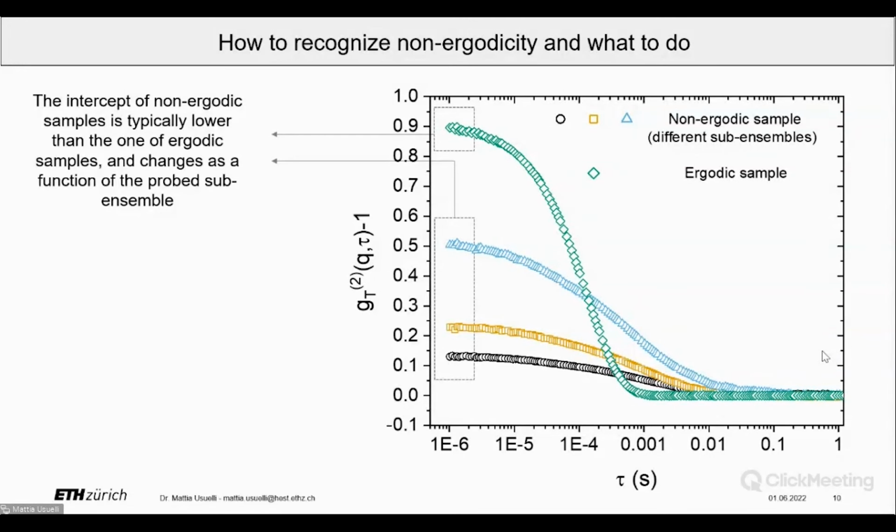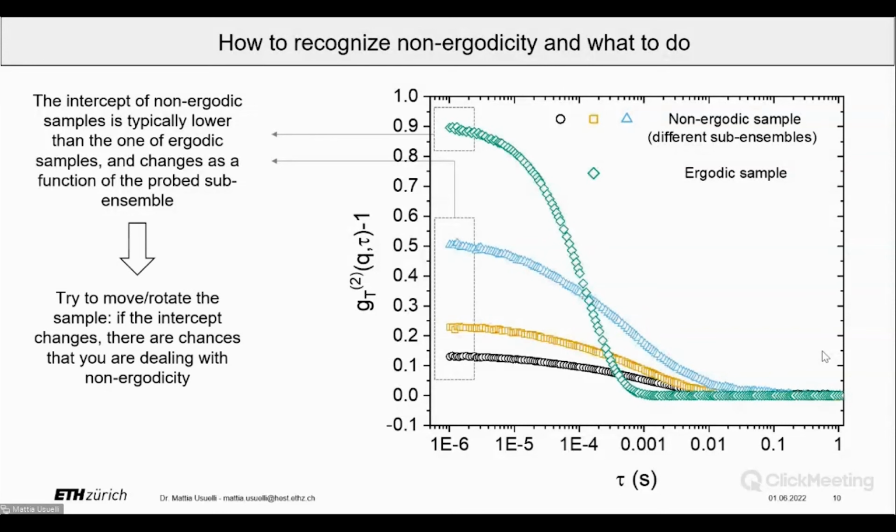The intercepts of a non-ergodic sample are typically lower than those of ergodic samples, and we measure different subensembles. Also, the intercept is changing. So first point, a very pragmatic point: you take your sample, you put it inside the machine, you make a measurement, and you see that for most of the samples that you measure, the intercept is close to 0.91.